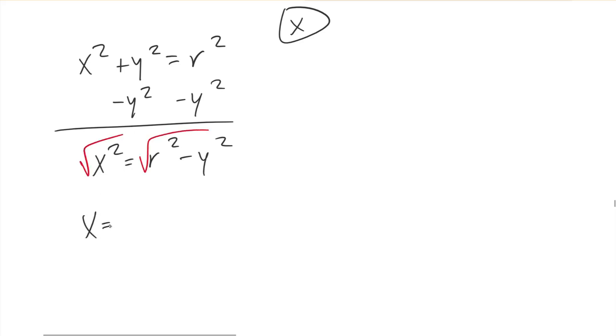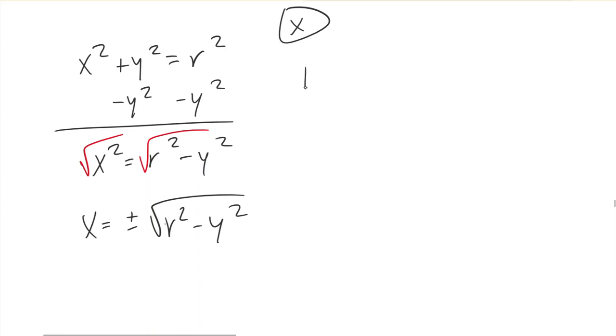So x equals plus or minus the square root of r squared minus y squared. And we can't... Well, we can. No, let's leave it like that.